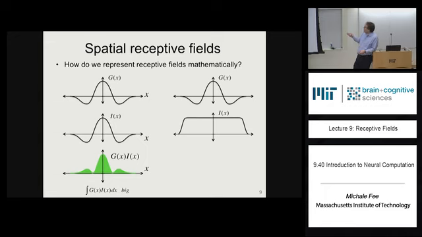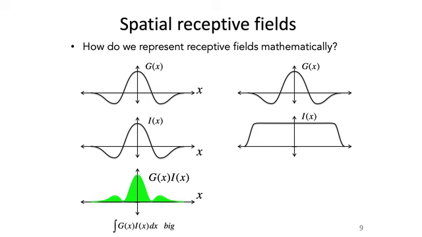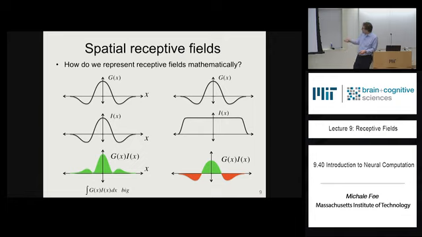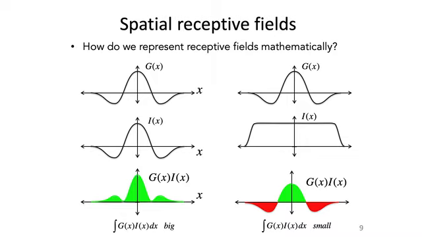Yeah, you're going to get a positive times a positive here, and a negative times a positive, and so you're going to get negative contribution from the side lobes. And those things can exactly cancel out when you integrate over position, and so you can get a very small response, okay?